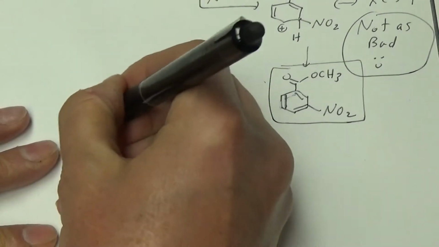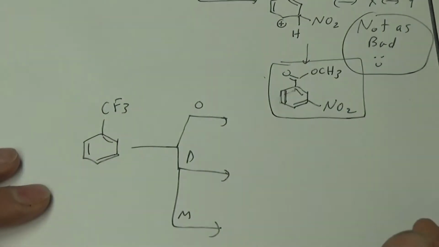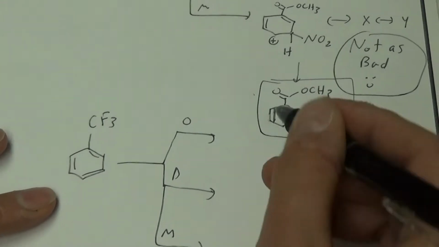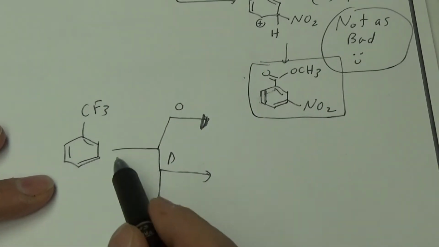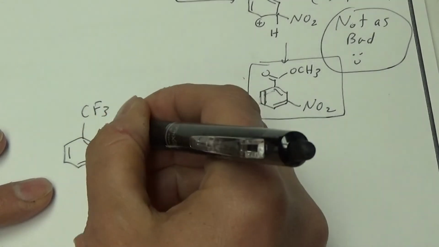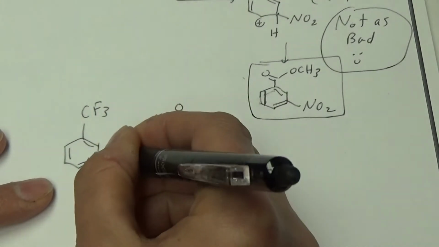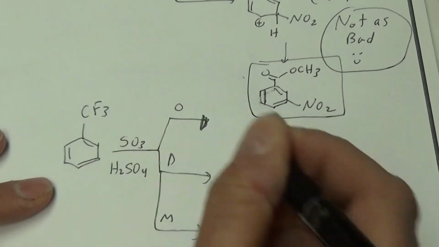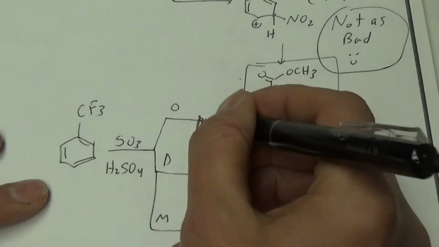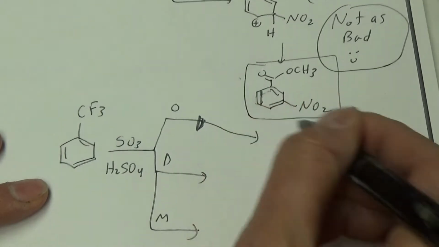Trifluoromethyl, CF3. Okay. And what's another one of these reactions? We'll do sulfonic acid, SO3H, H2SO4, or sulfonation. Sorry, I'm kind of running out of space here.